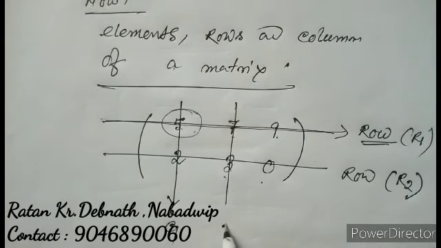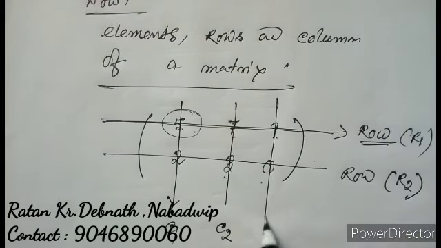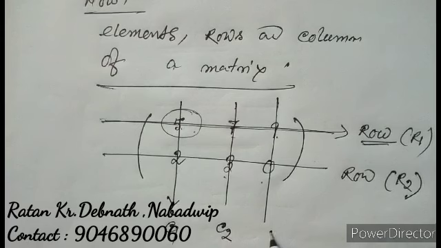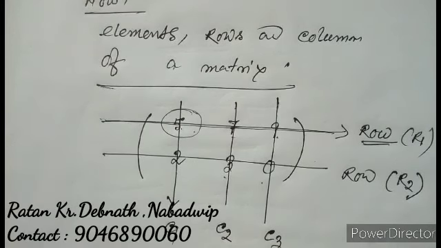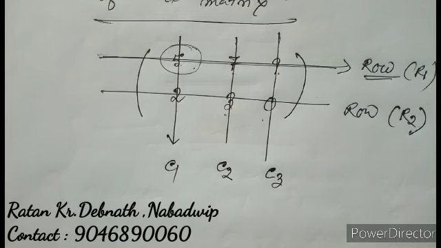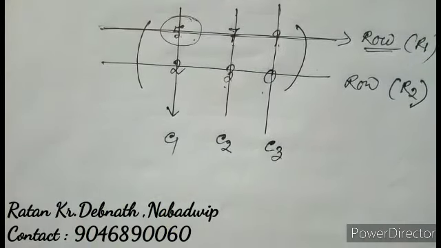Simply we call it C2, meaning column 2. 9 and 0 make another column, that is C3. So we can say matrices are made up of rows and columns.